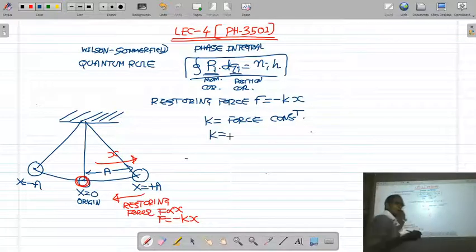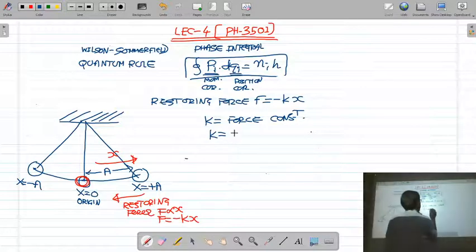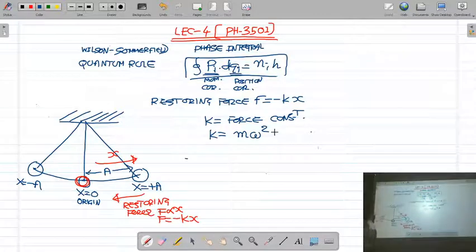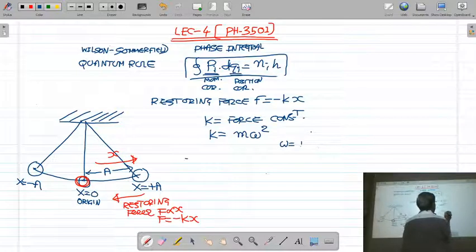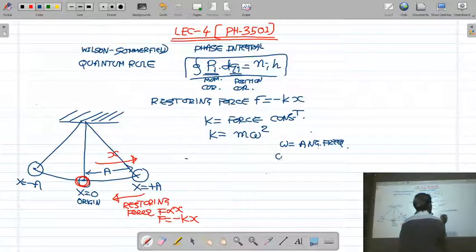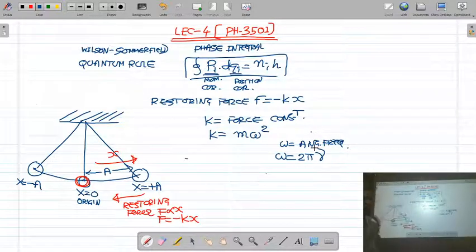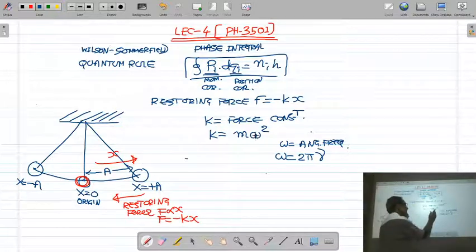You just remember the equation of force constant which you studied in 11th and 12th standard. The force constant is defined by m omega square, where m is the mass of the oscillator and omega is the angular frequency of the oscillator, which is 2 pi nu.